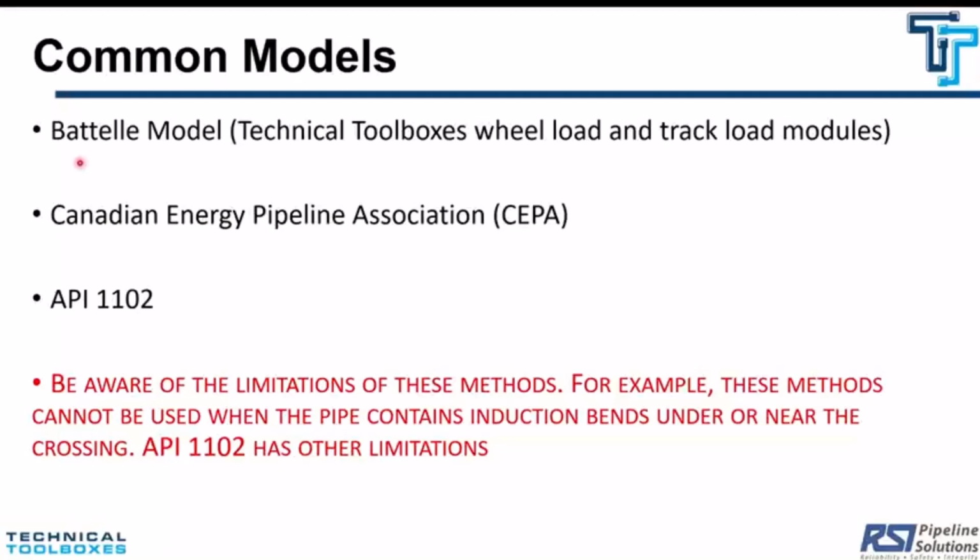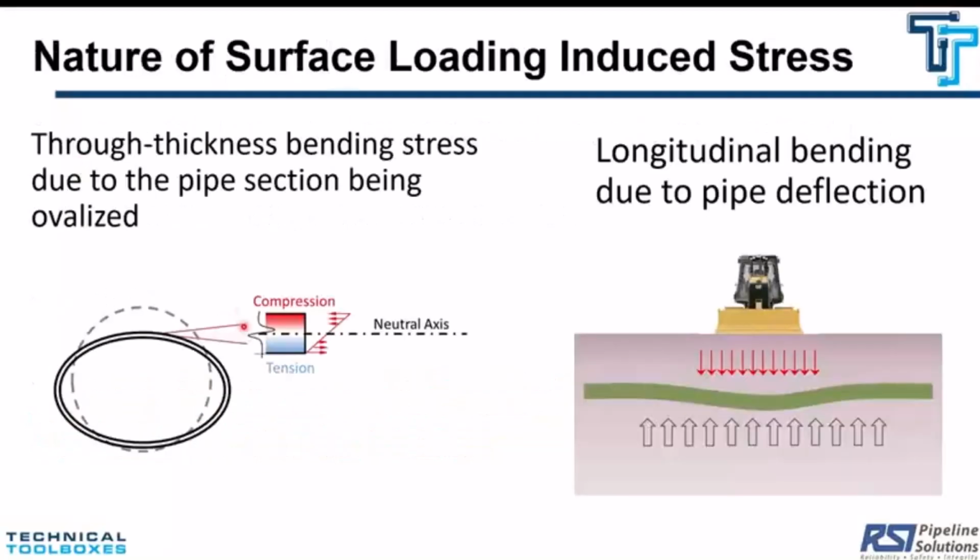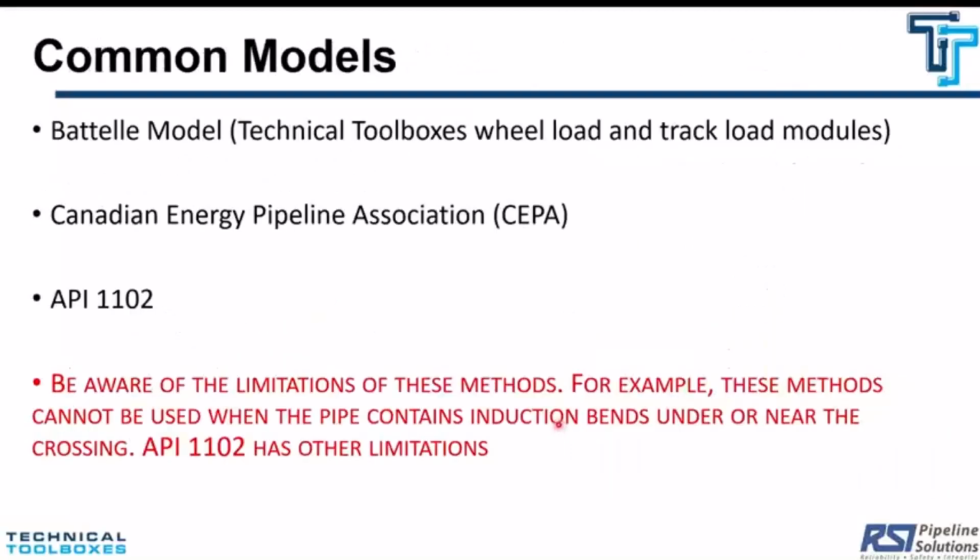It's always 90 degree or close to normal angle. Another thing with CEPA is that it accounts for the longitudinal stress. If I go back to the previous slide, this type of stress in the CEPA model is calculated automatically. Whereas if you want to use the Battelle model, you have to estimate that manually using different theories that you can use. And then you need to add that to your total stresses yourself. It's not in the tool.